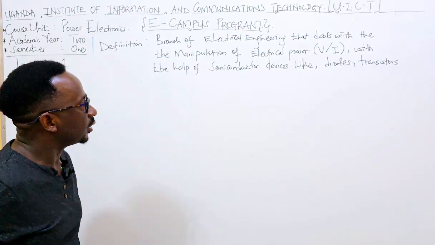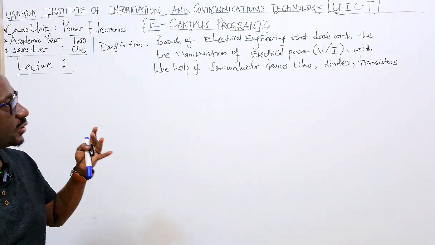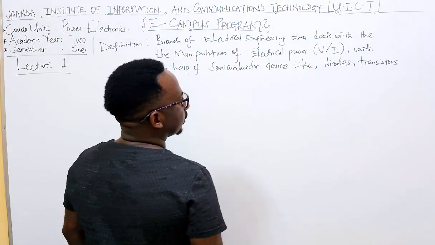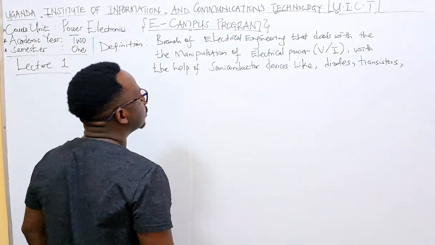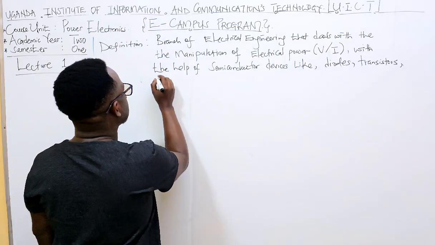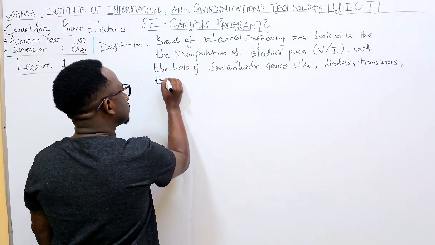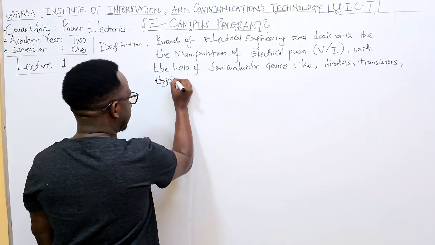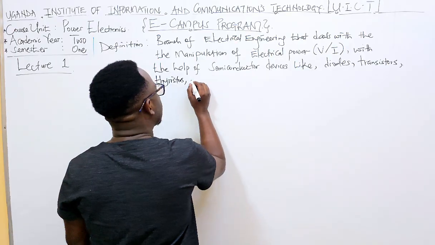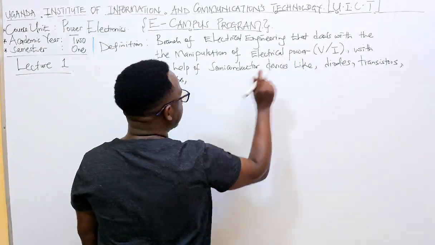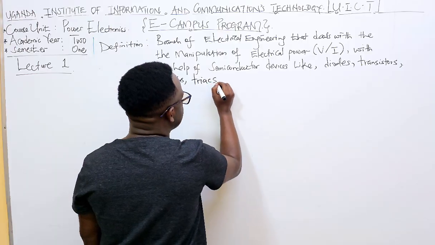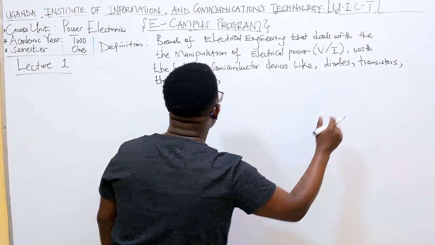Transistors, a couple of types: BJTs, MOSFETs, JFETs, UJTs. We'll look at them, IGBTs. Thyristors, or silicon controlled rectifiers, as we'll see, or controlled diodes. We can't skip mentioning triacs, diacs, and so on and so forth.